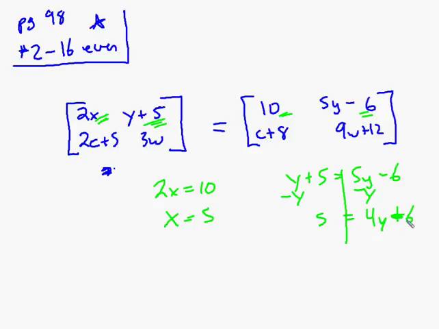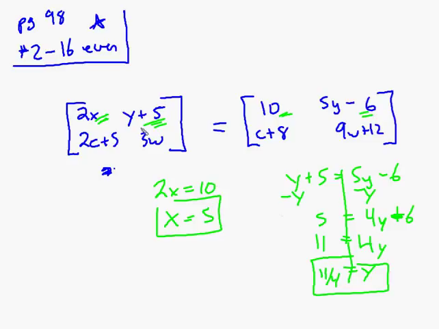Then I would add my 6, and then divide by 4. So there's that y. Now if I wanted to know what these numbers actually are, I would take this and put it in. Do I need to show you how to do that, or good? Good? Yeah. Okay.